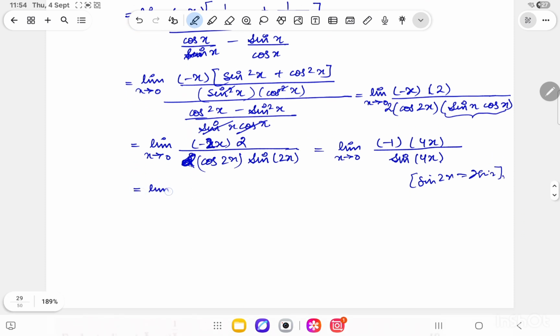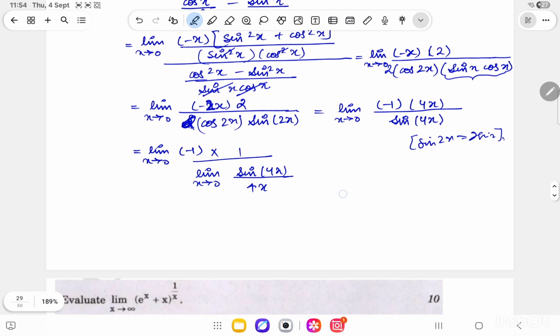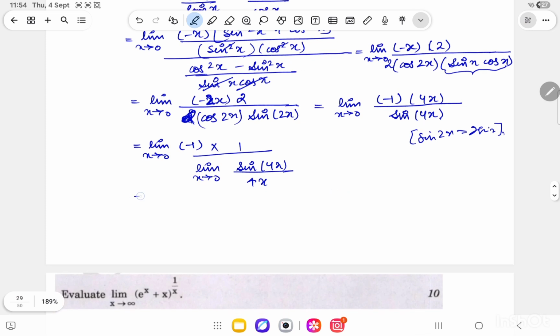This is basically the limit as x approaches 0 of minus 1 into 1 upon the limit as x approaches 0 of sin 4x upon 4x. This is basically minus 1 upon 1, which is minus 1. So from here I got L as e raised to minus 1 as the limit.